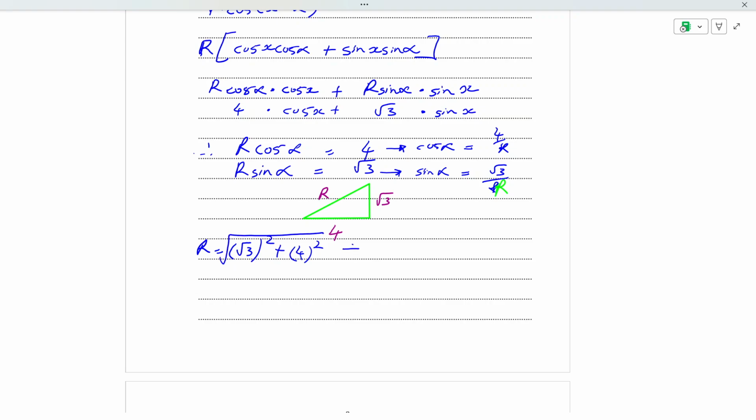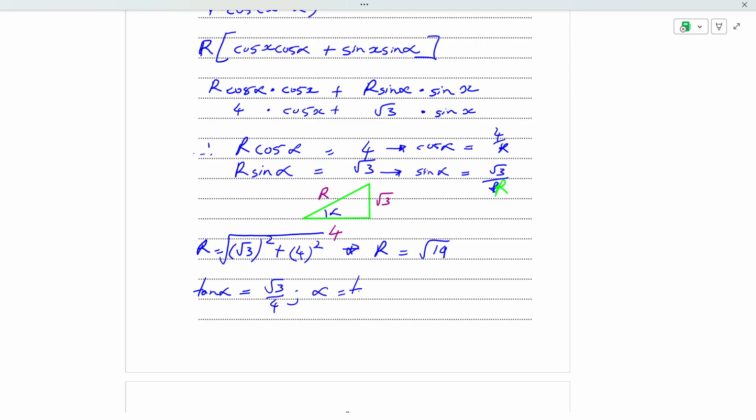When we do that and plug it in the calculator, we get r is equal to root 19. Then to find alpha, we divide r sine alpha by r cos alpha to get tan alpha. When we do that, we have tan alpha is root 3 over 4.